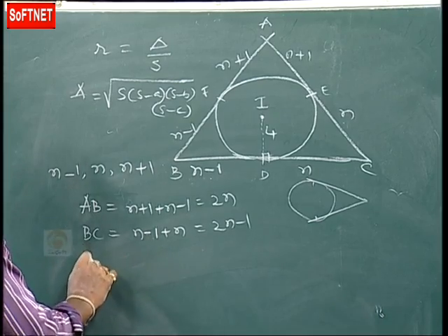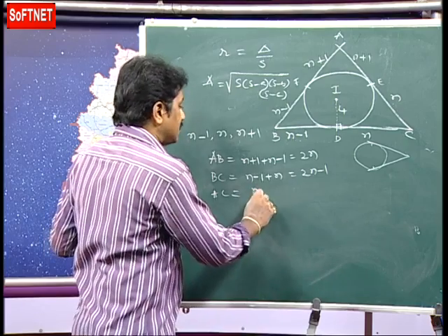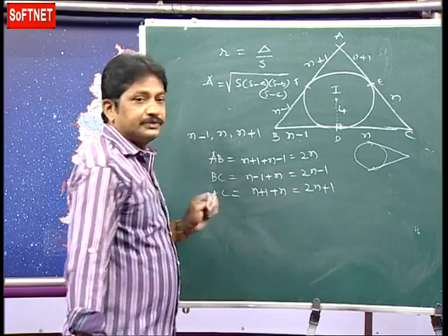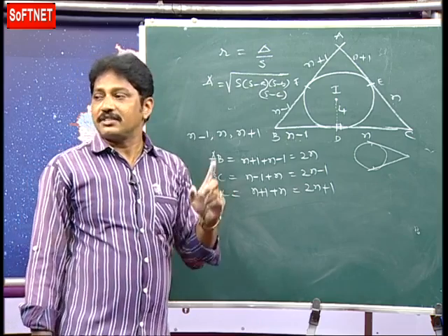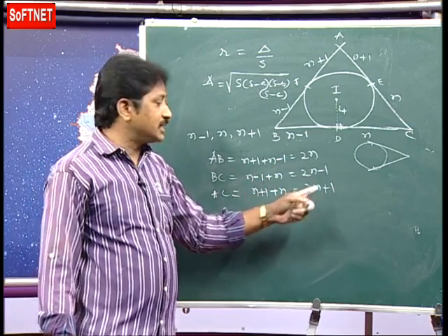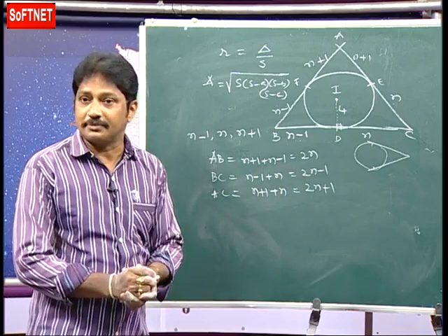And CA or AC is n plus 1 plus n, which is 2n plus 1. So the lengths of the sides are 2n, 2n minus 1 and 2n plus 1. These are the lengths of the sides, correct?